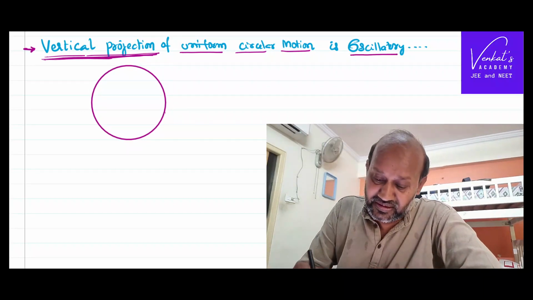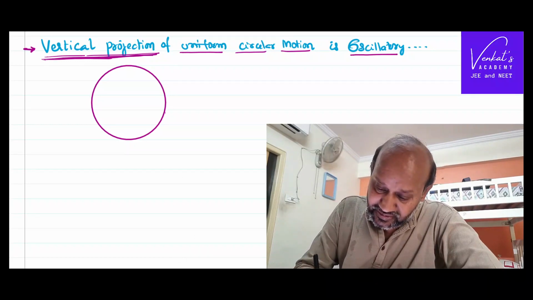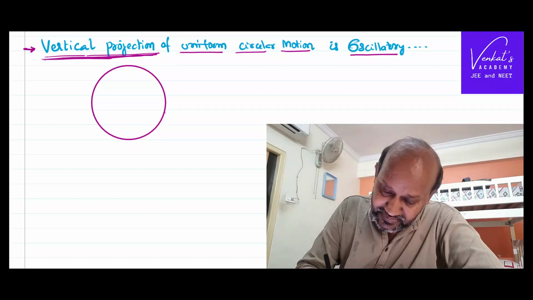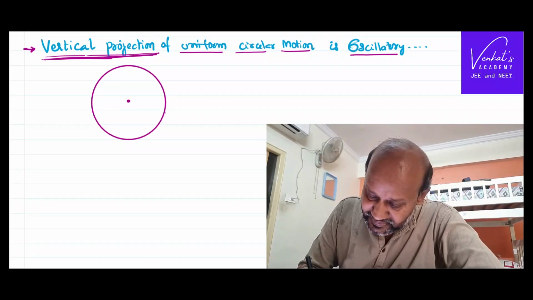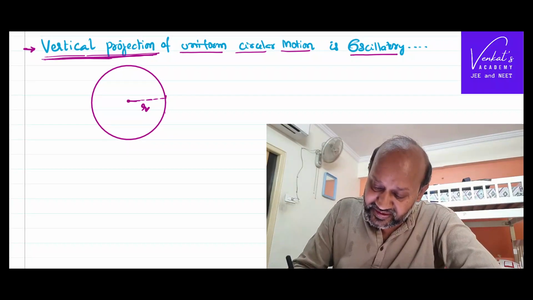So let us consider a body moving in this circular path about this point. This is the radius of that circular path. This is the body.